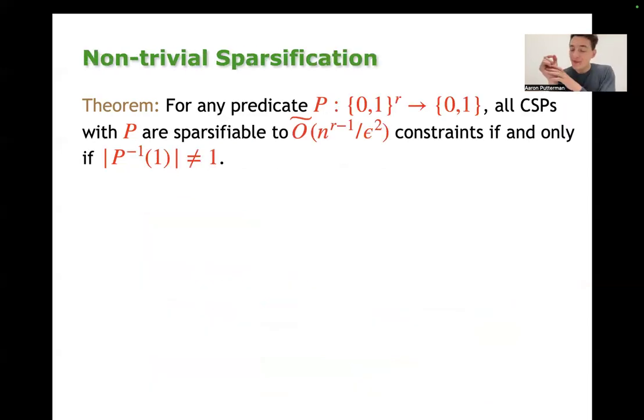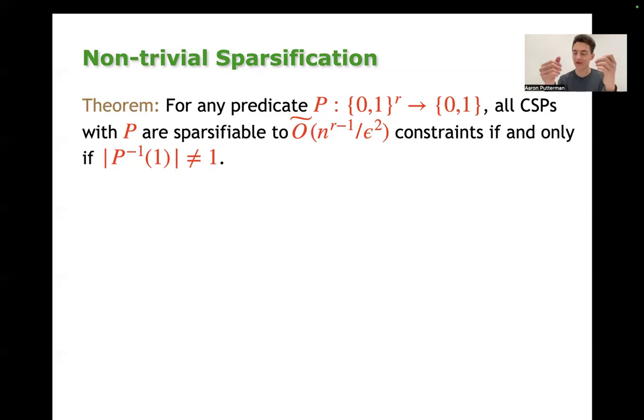And then as before, I mentioned this second result, which characterizes exactly when non-trivial sparsification is possible. It turns out here the characterization is even simpler. Remember, you have this predicate P of arity R. It turns out that all CSPs with predicate P are sparsifiable to at most n to the r minus 1 constraints if and only if the number of satisfying assignments to the predicate does not equal 1.